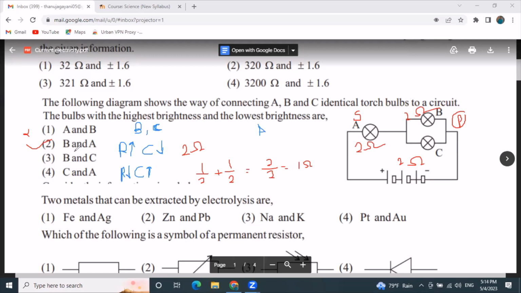C and A. C means in parallel way, that means the resistance is low, then the current flowing through the conductor is high, then brightness is high. C and A. Accordingly, C and A answer also we can take as the correct answer.